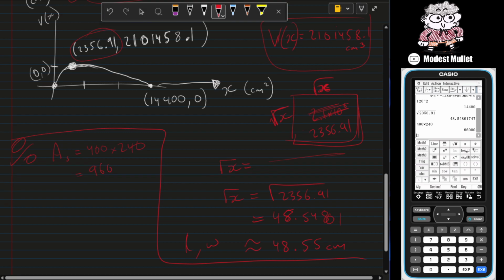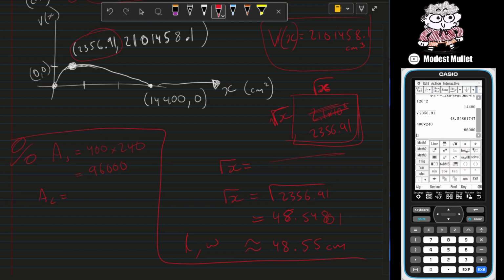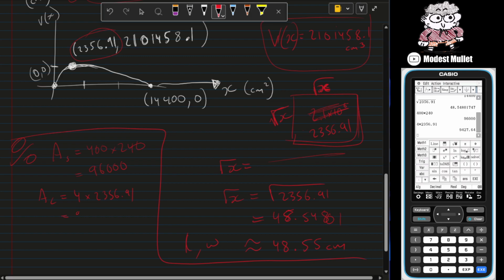That is 96000. The area of the cutouts, because there were 4 of them, is 4 times the cutout area, which we said was 2356.91. 4 by 2356.91 is 9427.64.